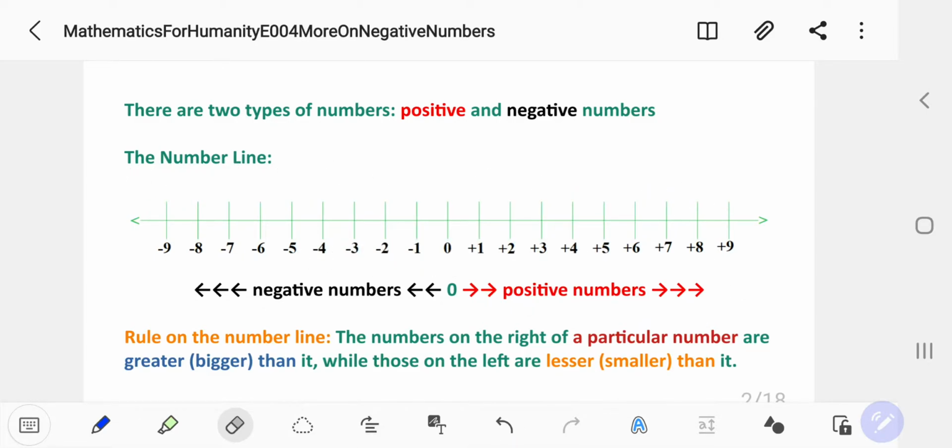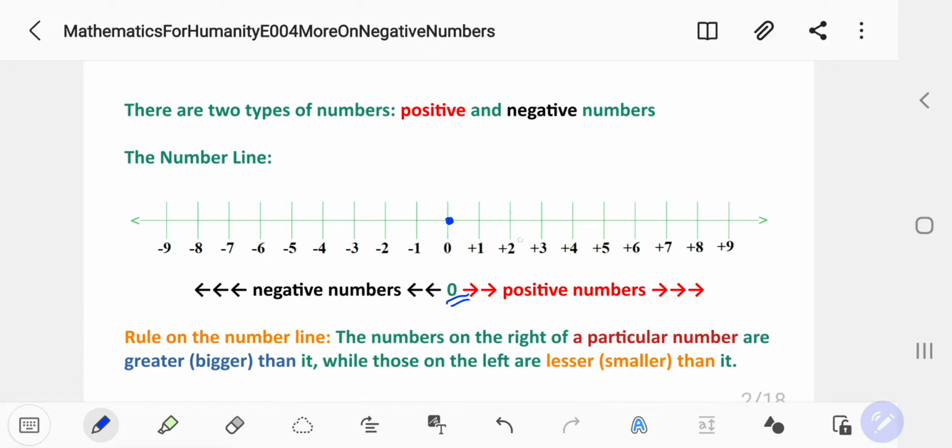So look at this one. Going to the right, we start from 0. 0 is actually the center between the two types of numbers. Everything going from 0 to the right is positive, and going from 0 to the left are all negative numbers.